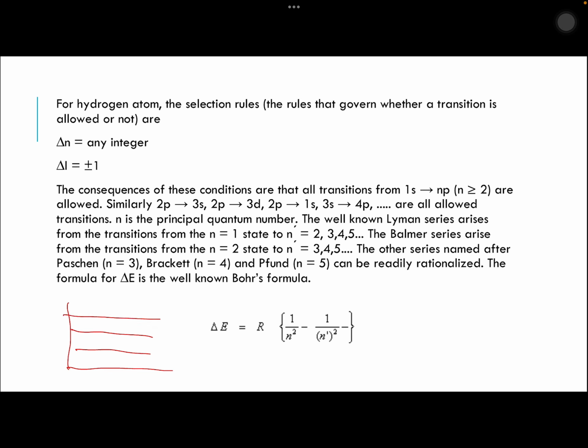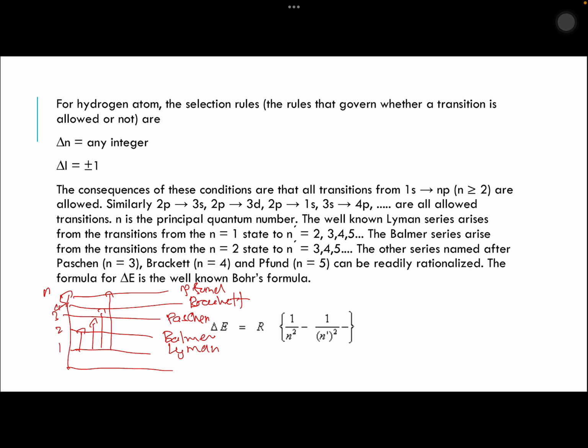For example, these are the Lyman, Balmer, Paschen and Pfund series. Transitions from Lyman have n equal to 1, up until Pfund with 5, and so on.